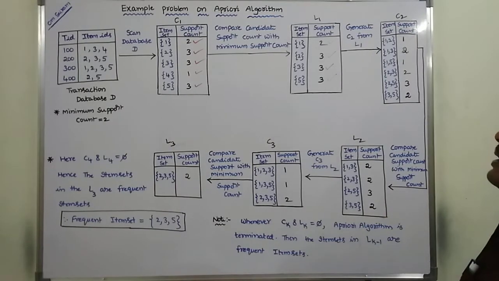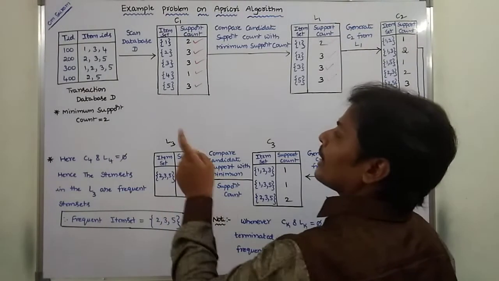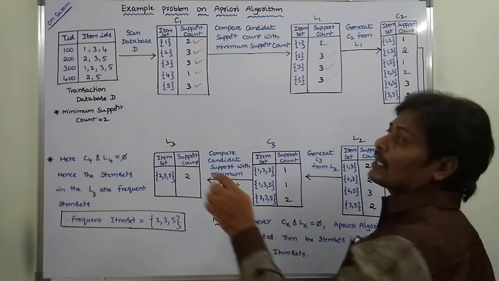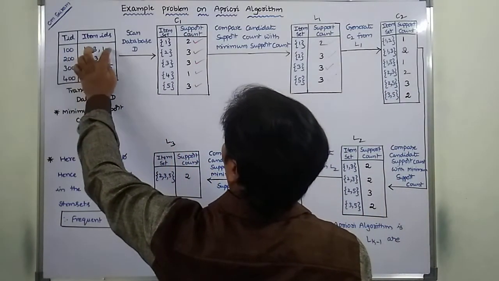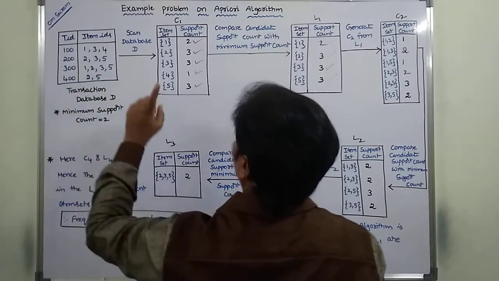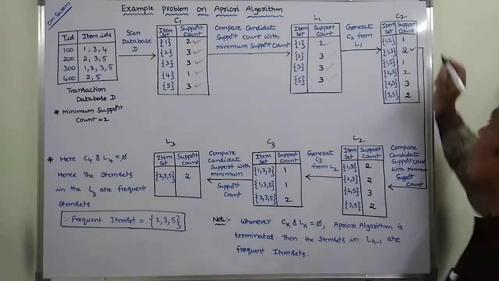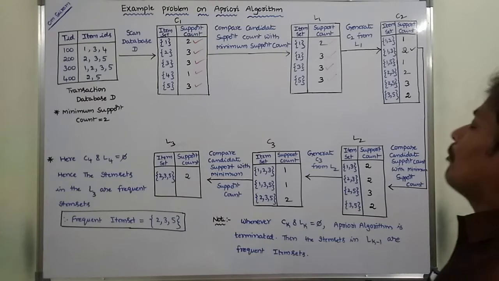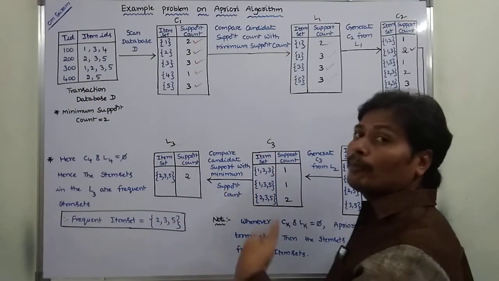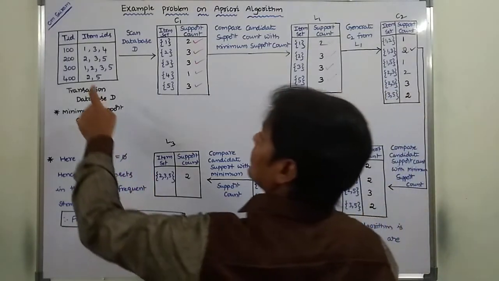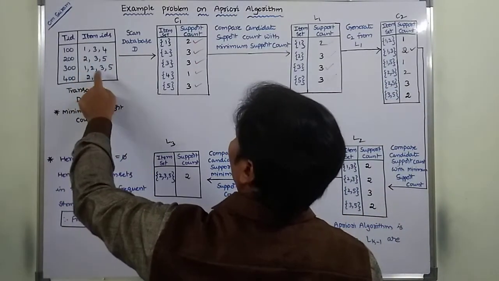Next, 1, 3: how many times are items 1 and 3 purchased together in the transactional database? One time, two times, so this is 2 times. Next, 1, 5: only one time.